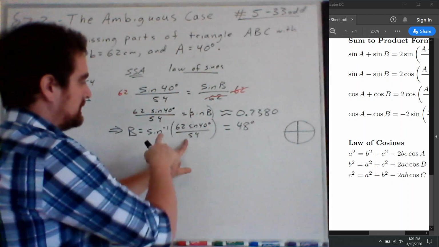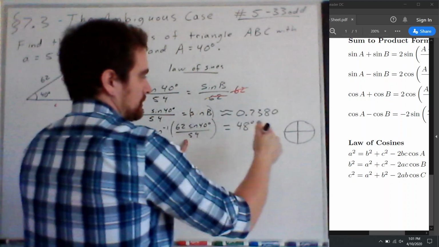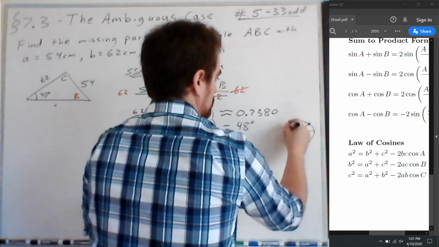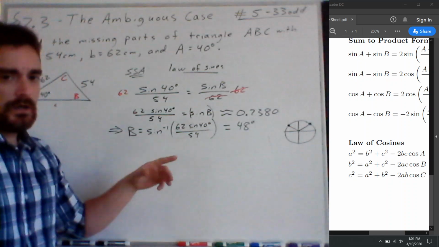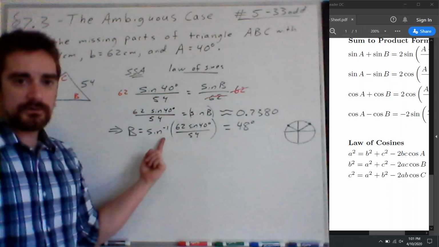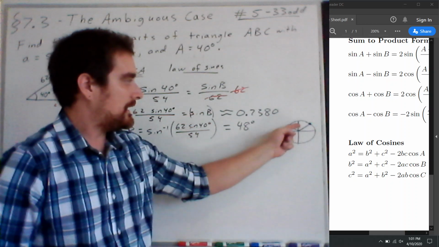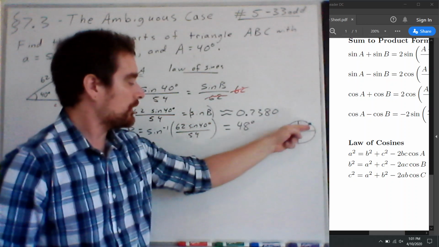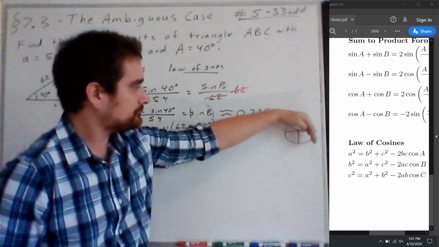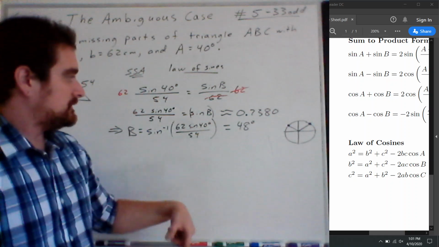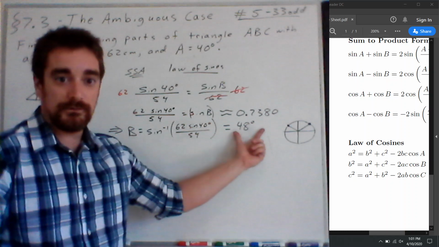But I don't know if that angle is going to be in quadrant 1 or quadrant 2, right? Because the inverse sine function is defined for quadrants 1 and 4. It goes from negative pi over 2 to pi over 2, but it returns what is known as the reference angle.